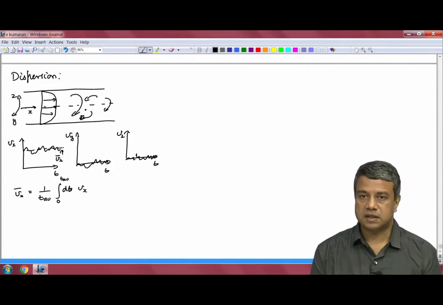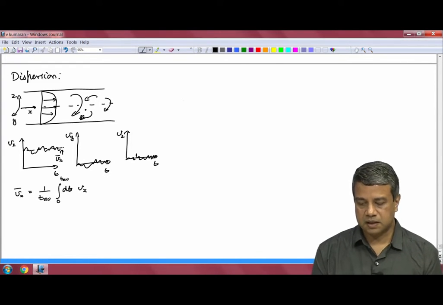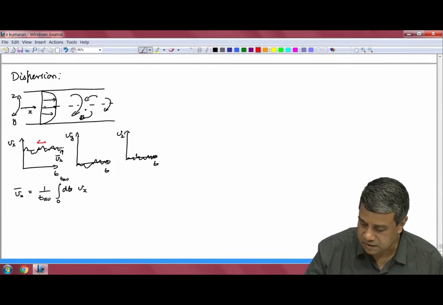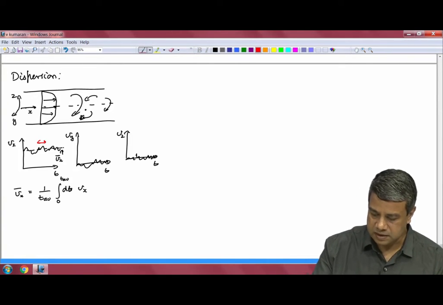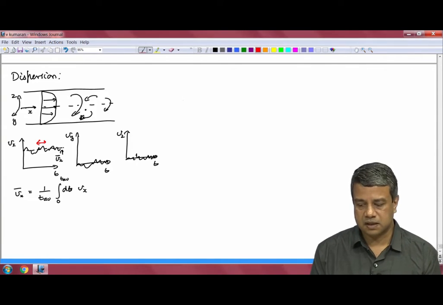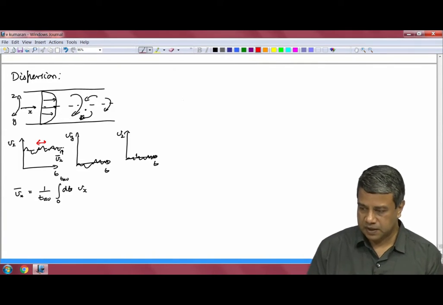Of course, the averaging time has to be much larger than the characteristic time of the fluctuations in the velocity. Only then will I get a statistical average.